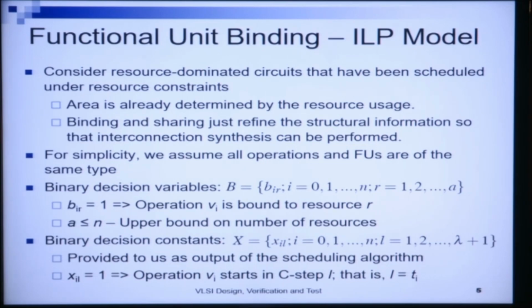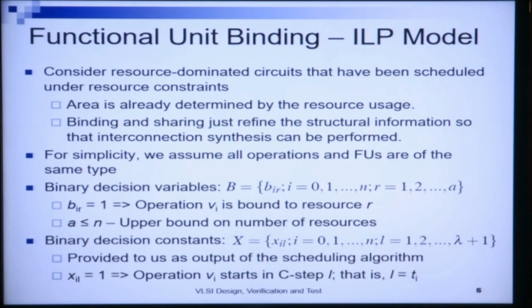Now, because we have already conducted scheduling, the decision variables that I had for scheduling have now become decision constants. These x's have now become decision constants. What do these x's tell me? These x_il give me the start times of operations. When x_il equals 1, it means that operation v_i starts at c-step l, and that step l is given by t_i.